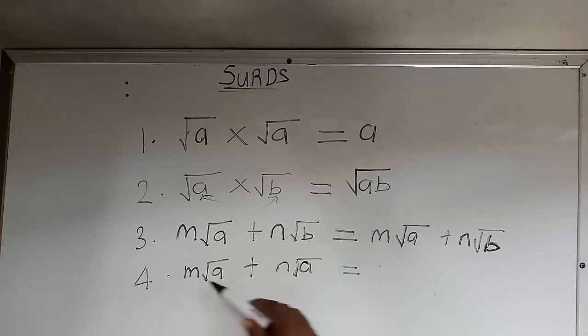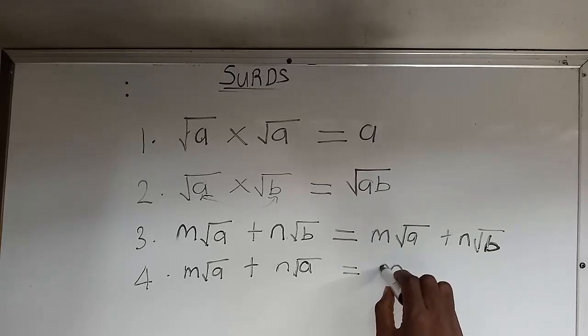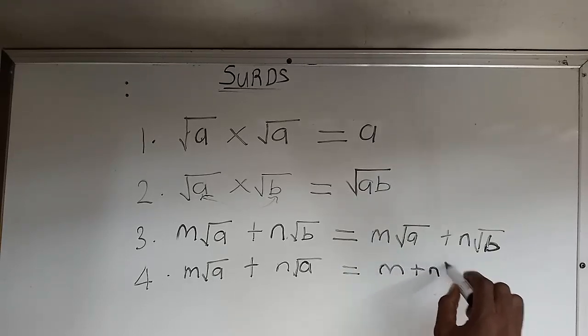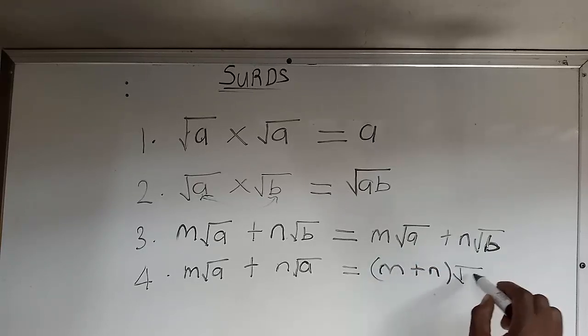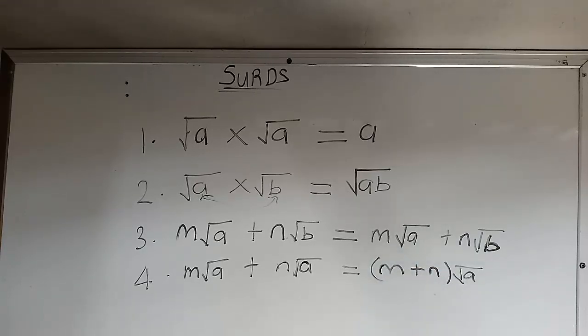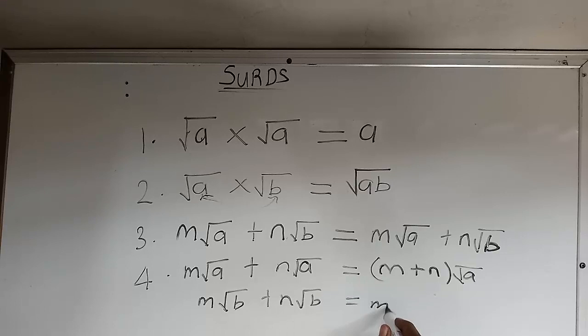So we can factor the root a and we obtain m plus n into root a. The same thing applies if you have m root b plus n root b, you get m plus n root b.